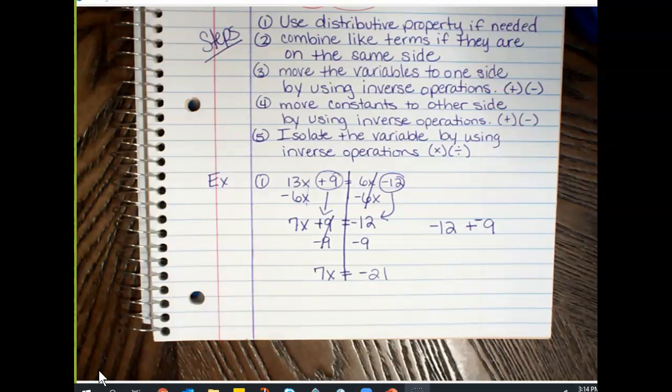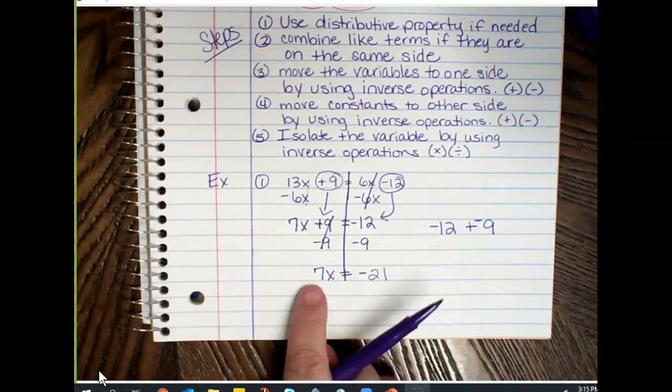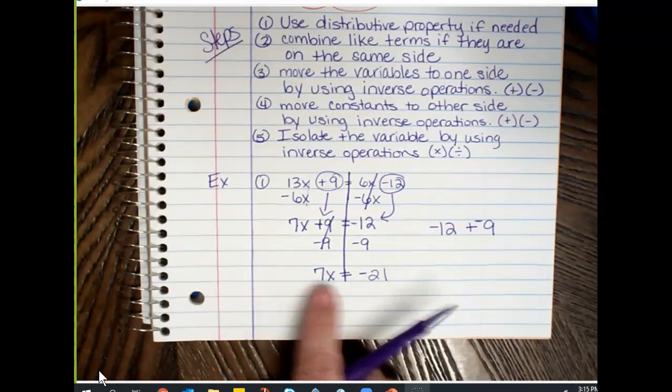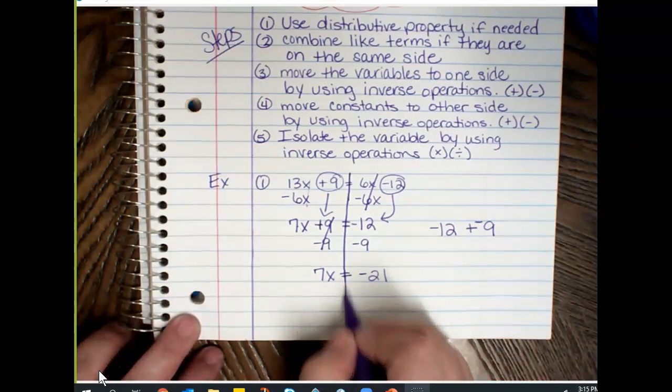All right, now we're ready for step 5. Isolate the variable. I need to get x all by itself. How do I do that? This says 7 times x, so what is the opposite of multiplying by 7? Divide by 7.